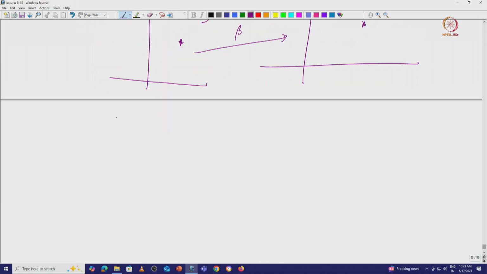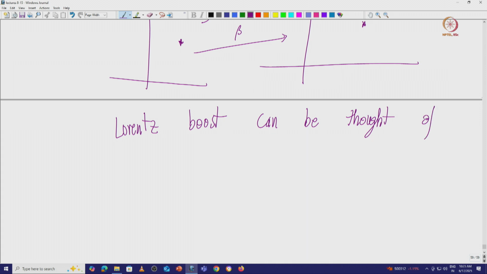The word rotation is not really a good word.